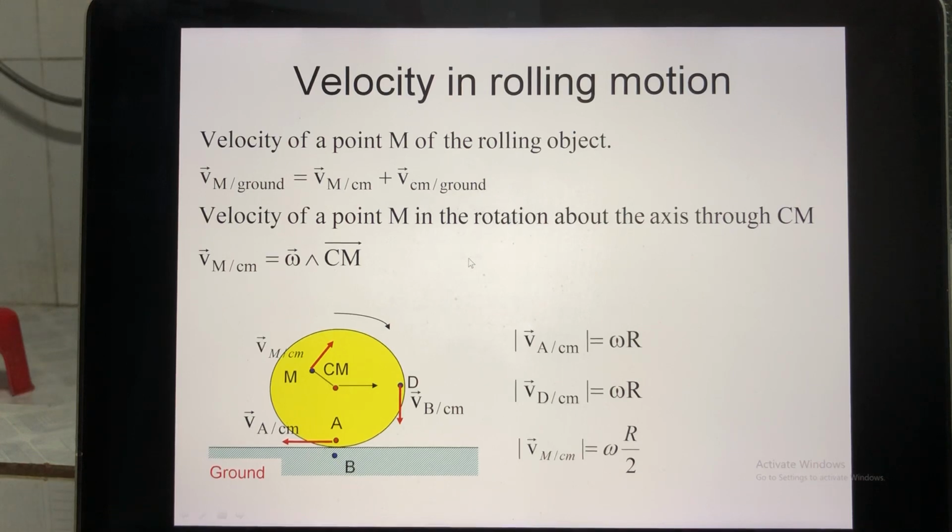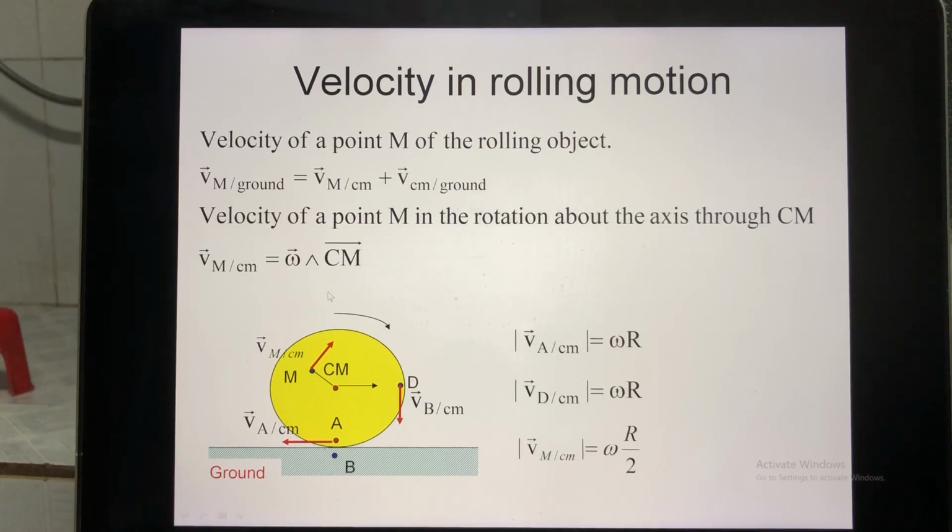Okay, like that. Remember that for any point on the object, its linear velocity with respect to the center of mass has a relation with the angular velocity like this.